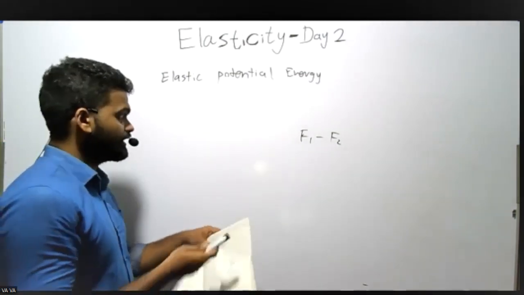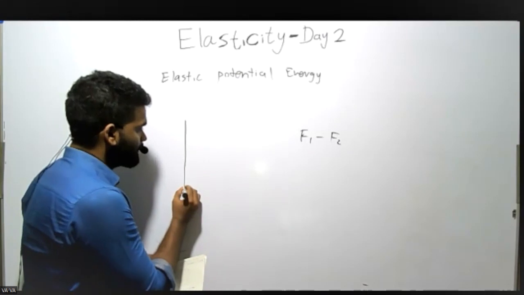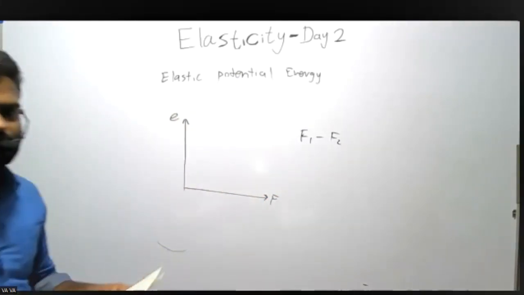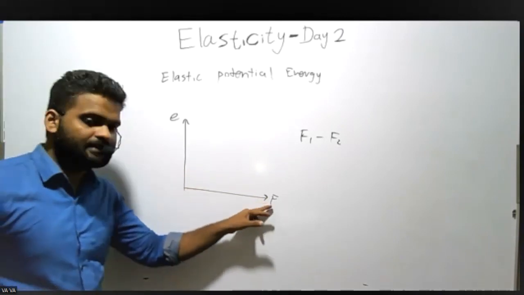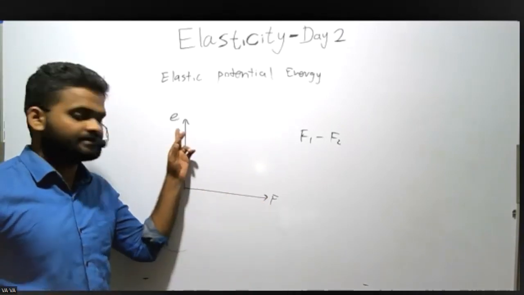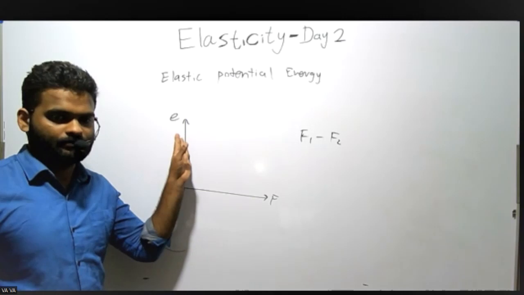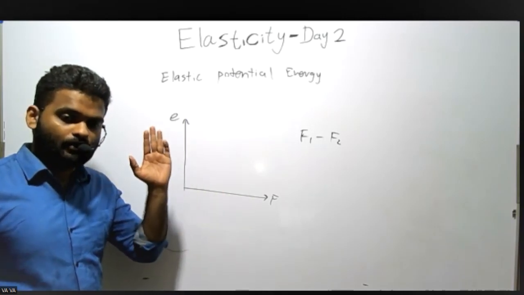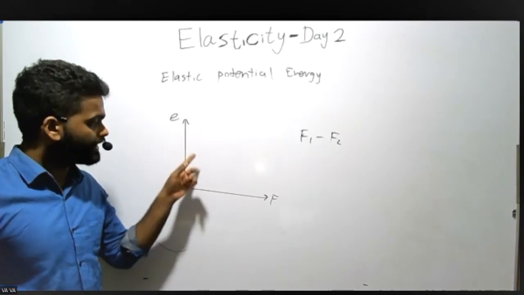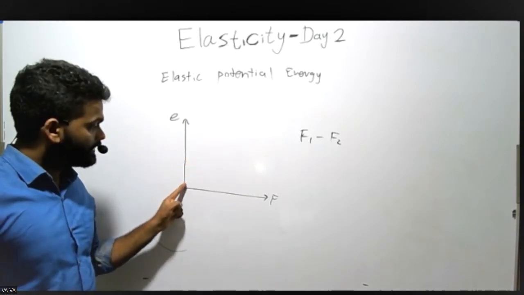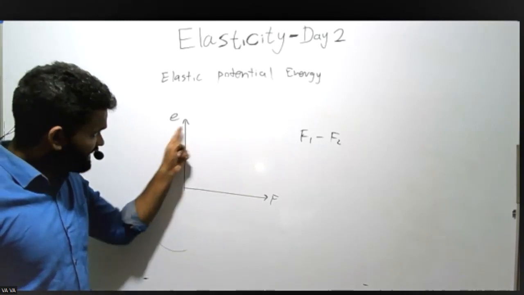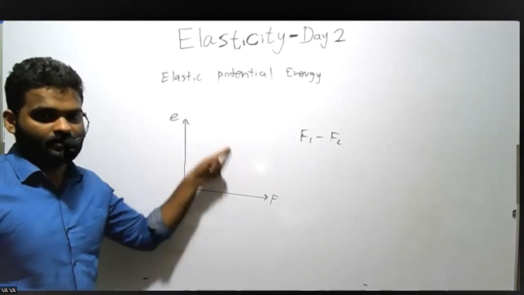Okay, so this is what happens. If you want, you can label this axis as F and this axis as E. You are free to change the axes, but you have to remember all the time the area should be the area between the E axis and the graph, not F and the graph.